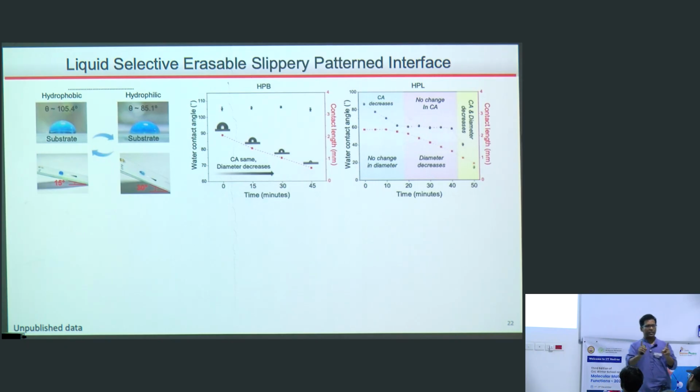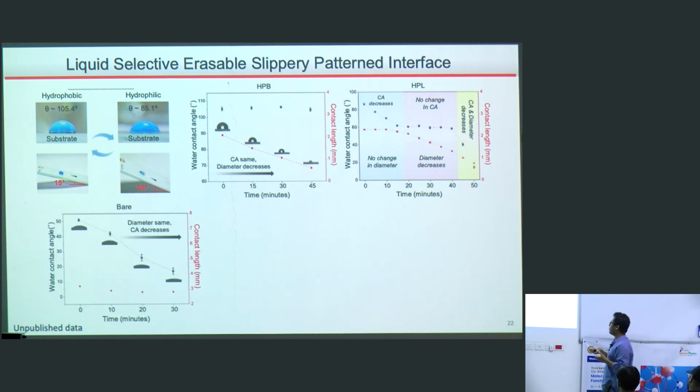So the characteristics are very different. Because of that, you can design very smart patterned interfaces, and that could be useful for anti-counterfeiting applications.